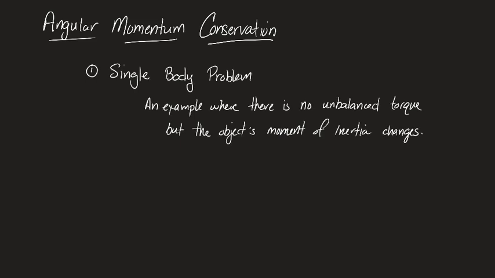So we're talking about a problem where there's no external net torque, but the problem's moment of inertia changes. This is a conservation of momentum question, and I like to call it the single body problem. Not to be confused with a point mass collision.